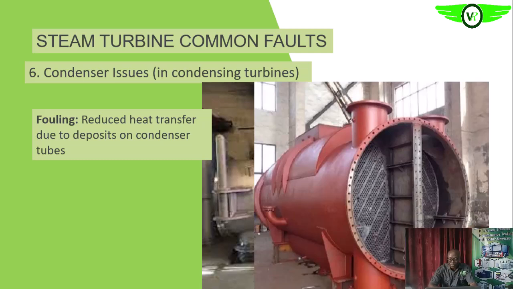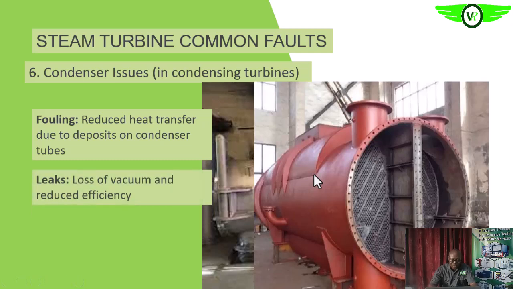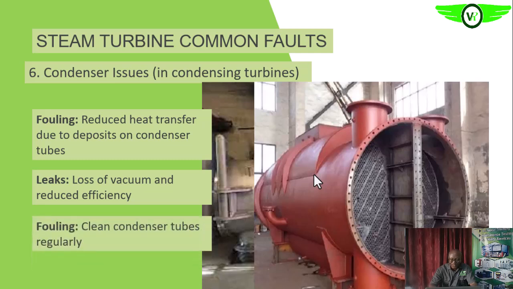No cooling water will be able to go through that tube, and thus the steam will not be able to exchange heat effectively with whatever is in that tube. So there could be leakages, and once there are leakages, that can result in loss of vacuum. And once there is loss of vacuum, it will adversely affect the efficiency of the steam turbine.